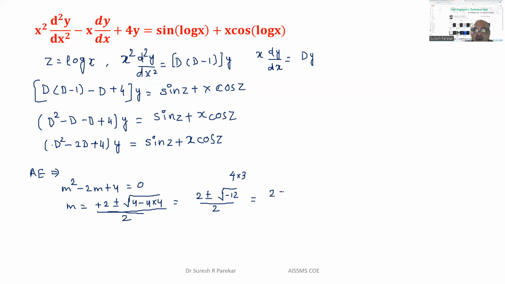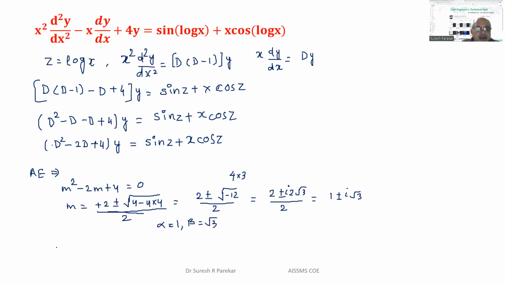So we have 2 plus minus 2 root 3 i upon 2. And 2 we can take common and we can cancel it. And we will get 1 plus minus i root 3. So we have value of alpha here, that is alpha equal to 1 and beta equal to root 3.